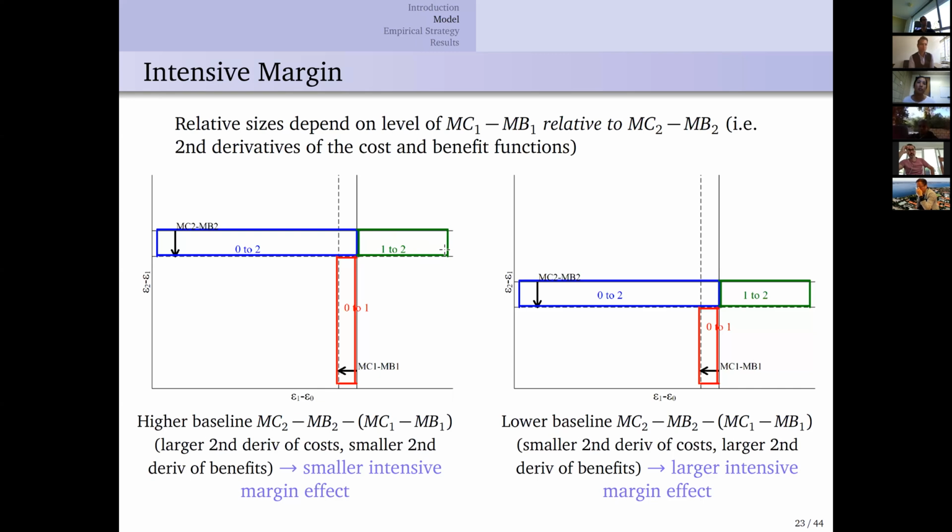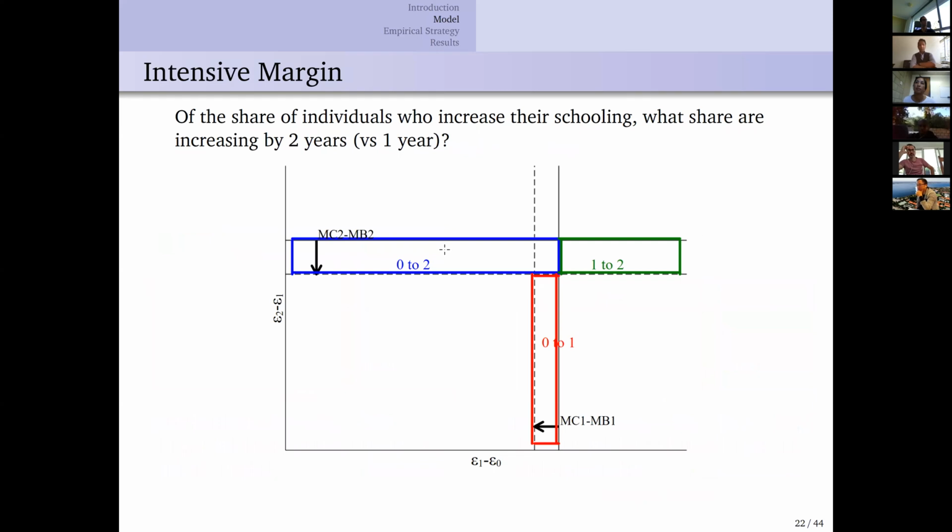Okay, so let me rephrase. Can you go back to the previous slide? In this slide, why is it that the blue and the green rectangles have the same height? Well, the height of the rectangle is determined by the size of the shift.